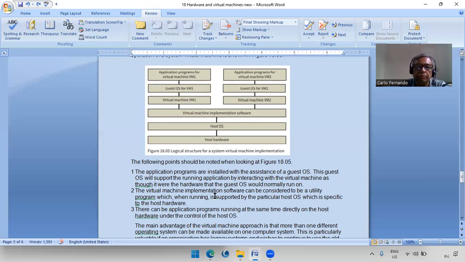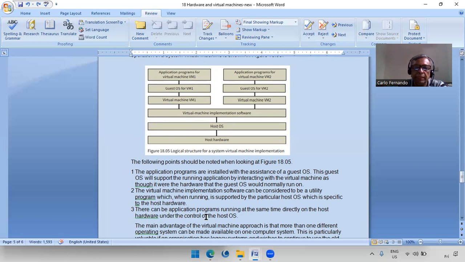The virtual machine implementation software can be considered to be a utility program, which when running is supported by the particular host OS, which is specific to the host hardware.